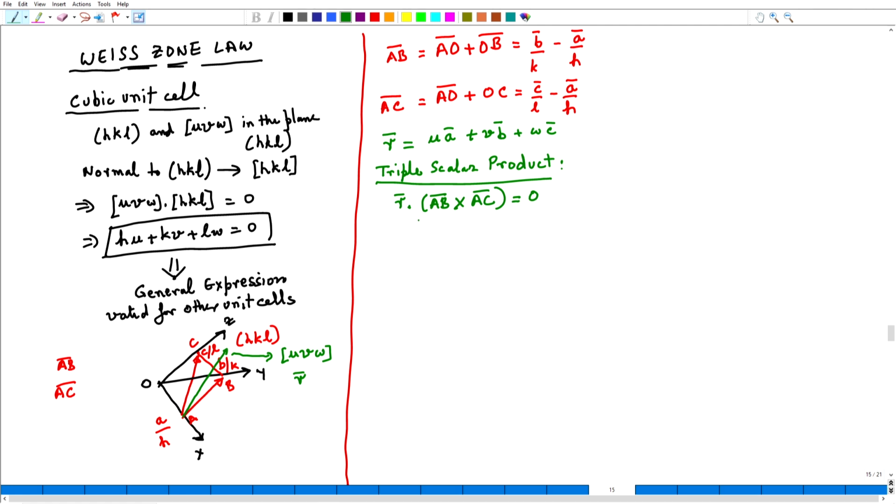that the three vectors one should be able to express in some linear combination.